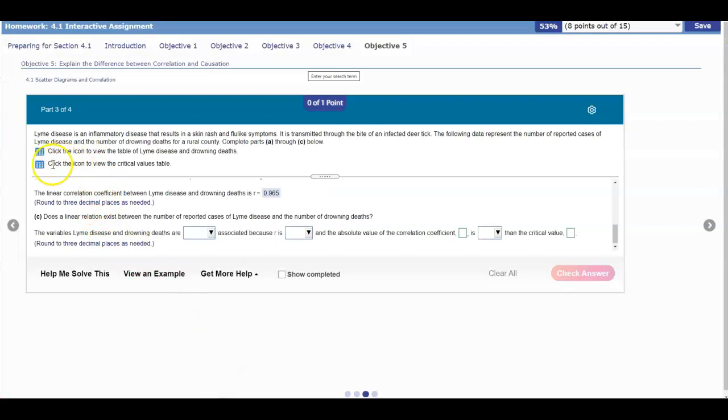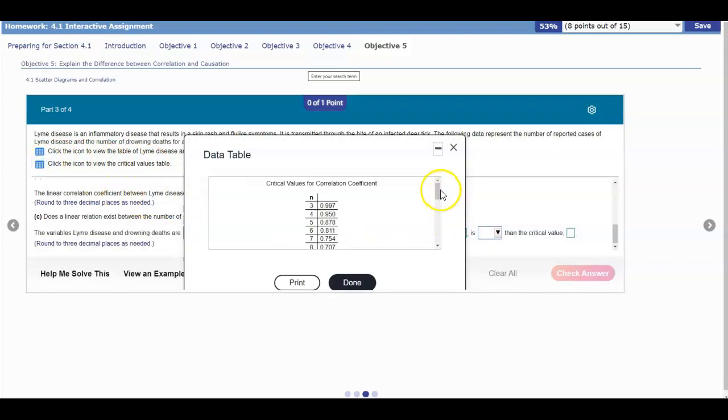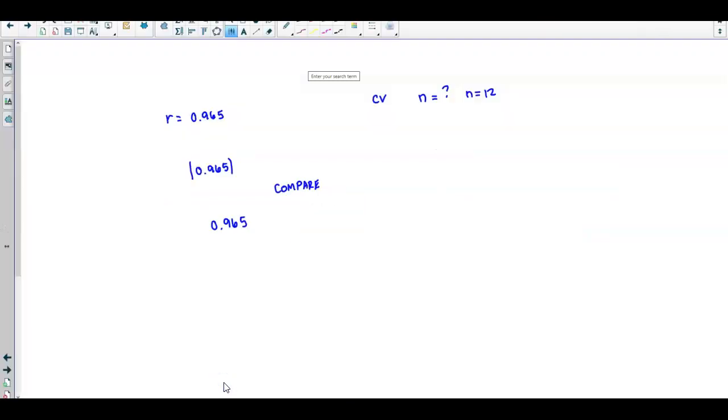We come over here where it says click to view the critical value tables, go all the way down and look at 12, and that gives us 0.576. So the critical value is 0.576. Since the linear correlation coefficient is greater than the critical value, we can say that a linear relation exists.